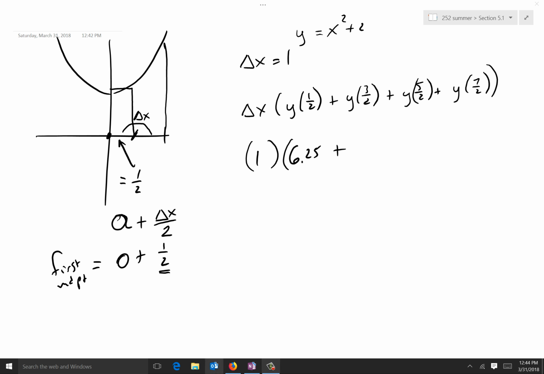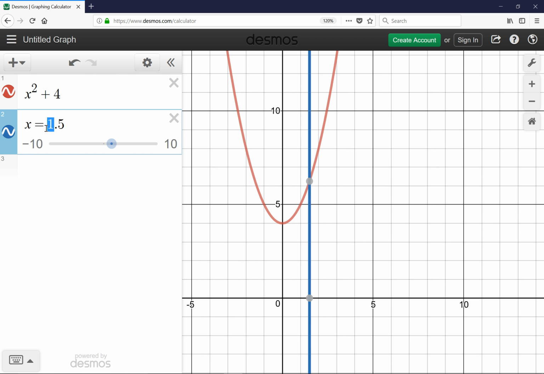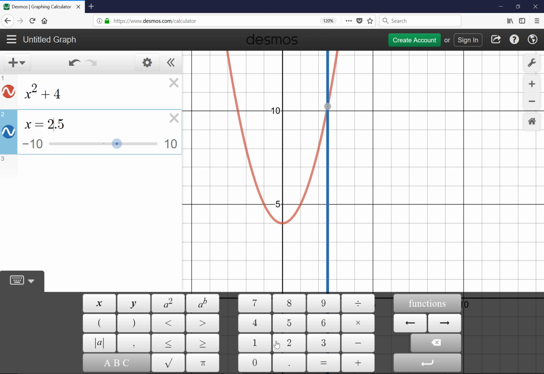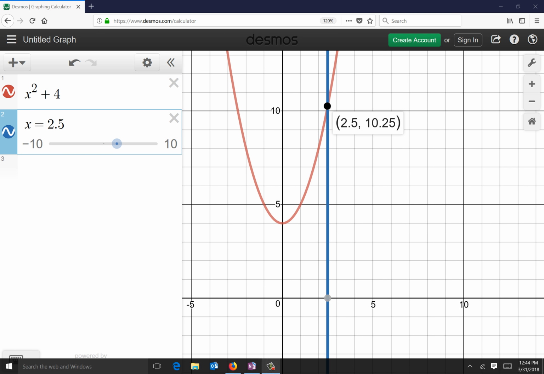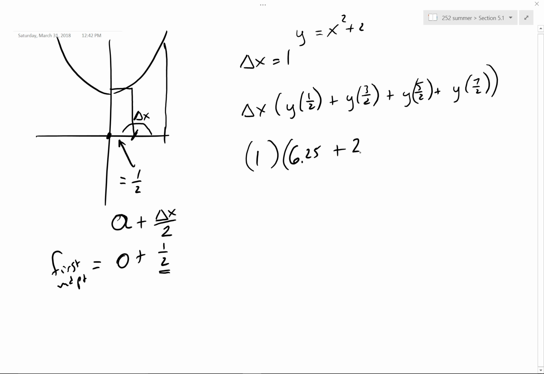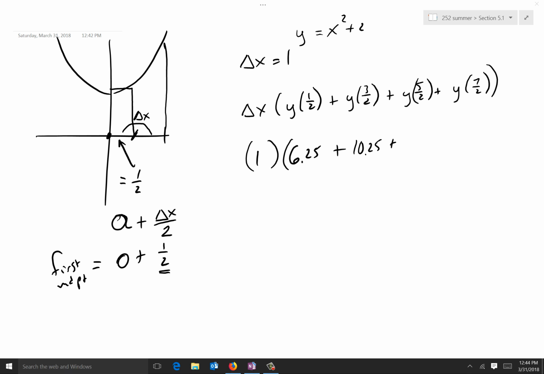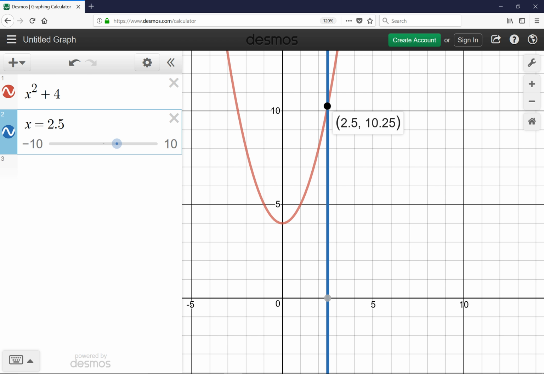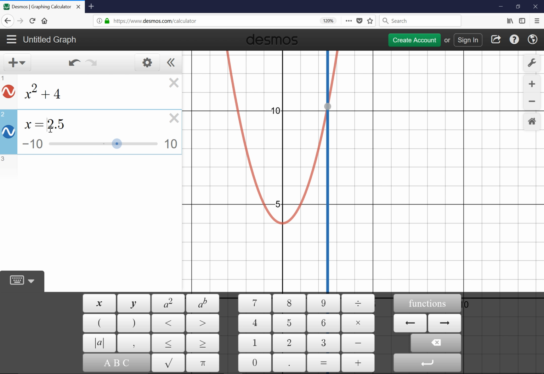And then just change it. So I'll go back here and make this 2.5, and then touch it, and it's 10.25. Bam. And then, oops, what did I do wrong? Oh, you see what I did wrong? Some of you already laughed at me, didn't you?